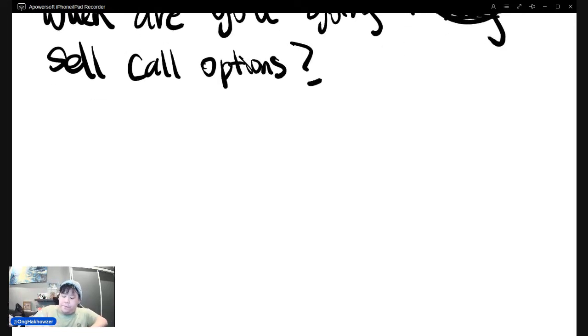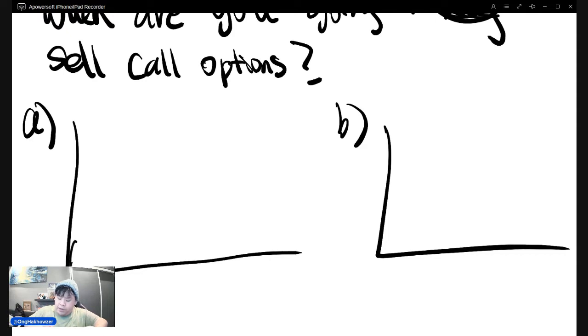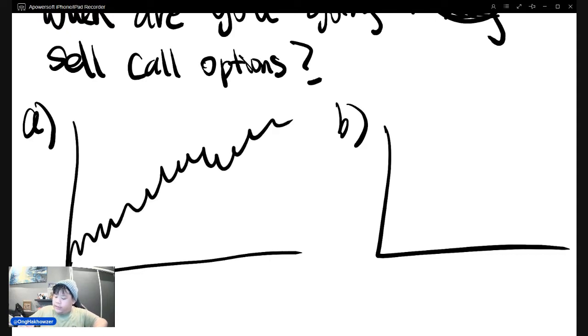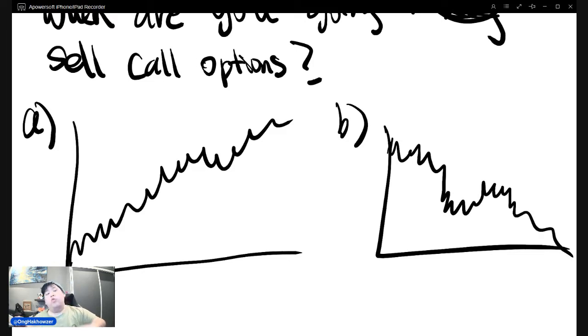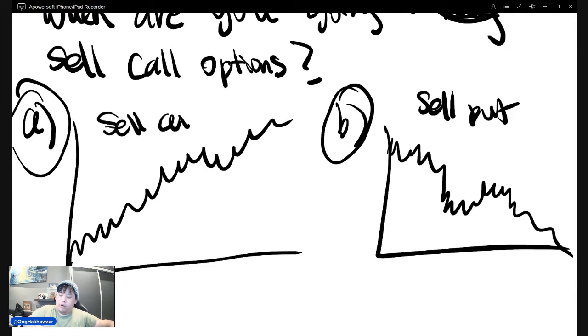So I'm going to give you guys how it actually works out in graph form. Okay, there's going to just be two sort of graphs. Okay, if the graph goes like this or the graph goes like this, you want to be selling your call in this sort of scenario, in the A scenario. In the B scenario is the best time for you to sell put, sell call.